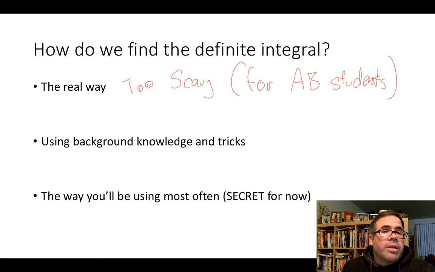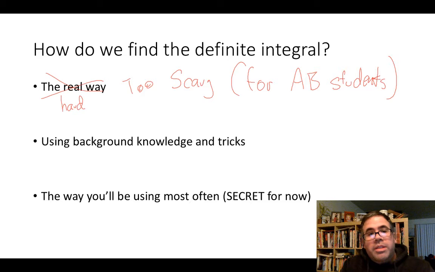We don't have time for it. If this were a BC class, you'd go deep into series, so you can do it the real, and by real I mean hard, way. But in this case, we have no time for it, and we're just going to hand wave it. So it's like, oh, we're not doing it that way.